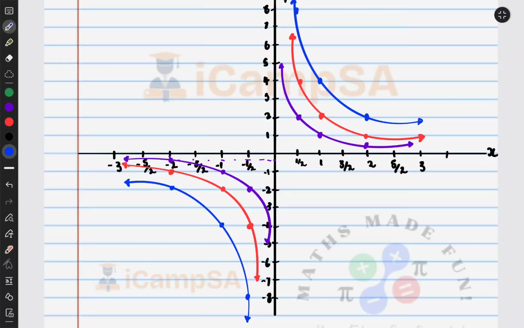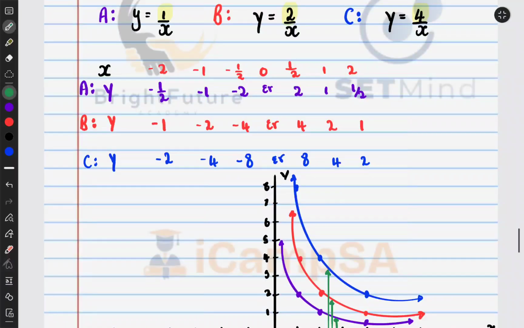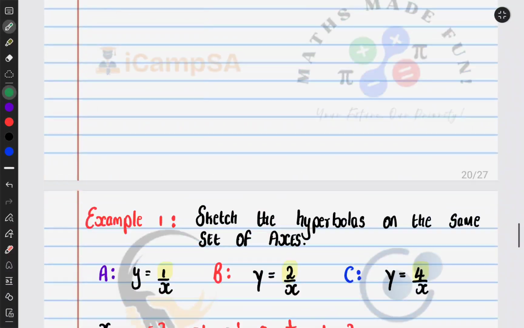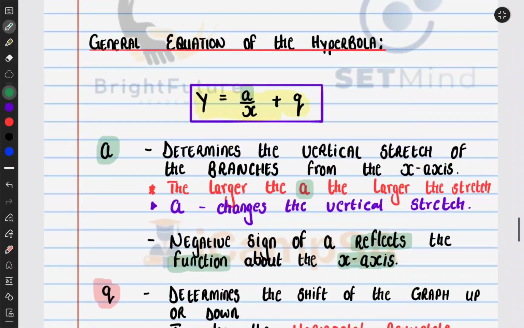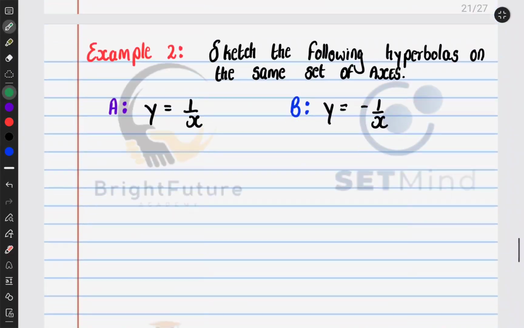If we just look at it, you see the vertical stretch is the furthest away from the x-axis, so the vertical stretch for the last function is much bigger. So that is what happens when you change the value of a. So a changes the vertical stretch. The larger the a, the larger the stretch. So that is what you have there.